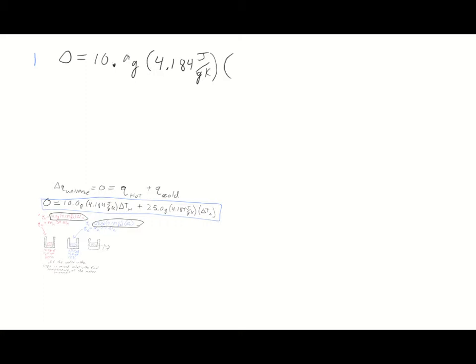The temperature change of my hot water is always going to be my temperature final minus my initial temperature. And my initial temperature of my hot water, if you'll remember, was 80 degrees Celsius. I got that from my picture down there, right? I circled it, where my pen produced a black circle.